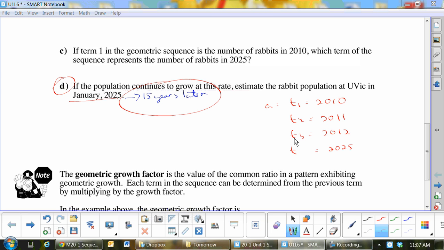This number is always 1 more than this digit, right? So I think it's quite clear, since I've seen it 3 times. 1, 2, 3. I would call this T16, if I'm going to stay consistent with my pattern. So 2025 to me is 16 years later. So I'm looking for term 16.